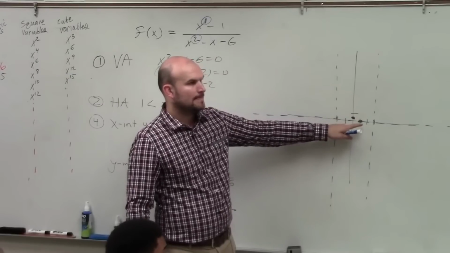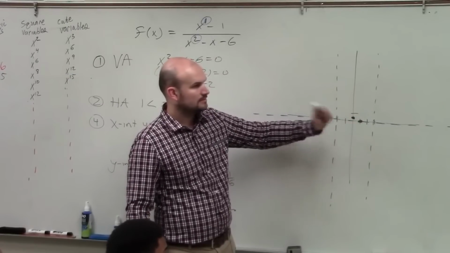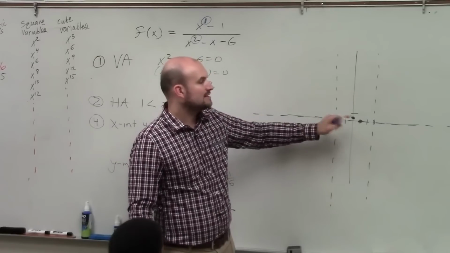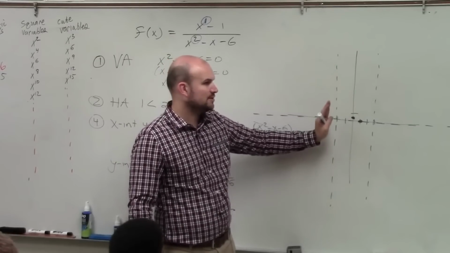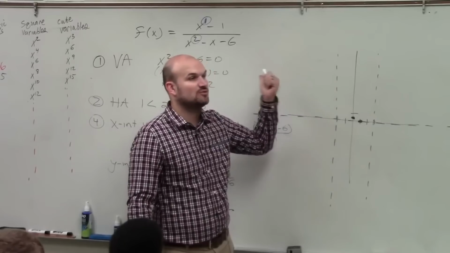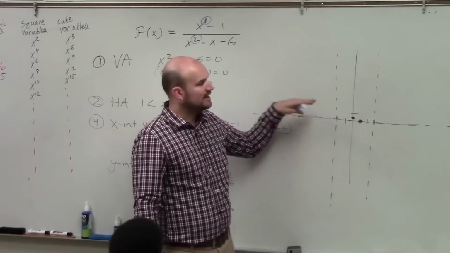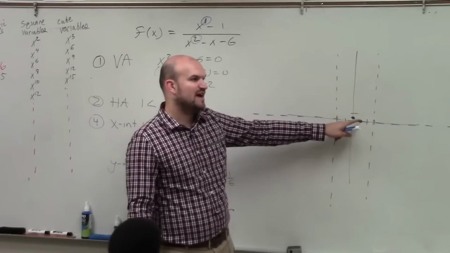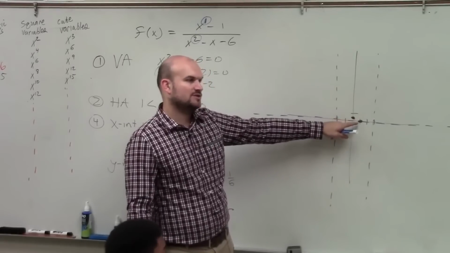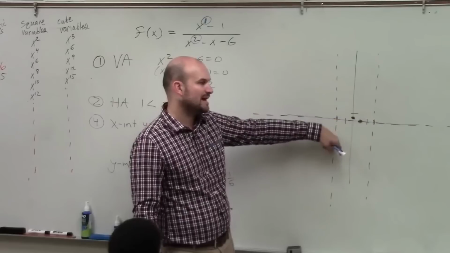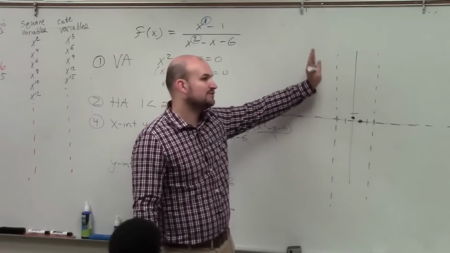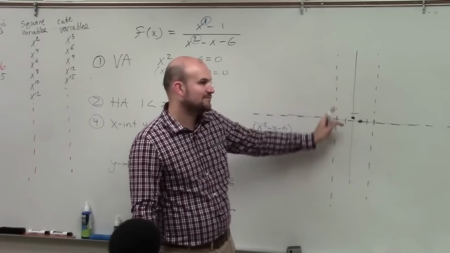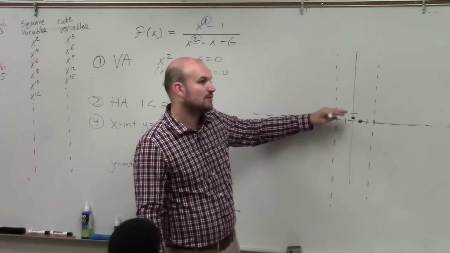You're correct that the vertical asymptotes are never going to be a part of the graph, because these are rational functions. However, a horizontal asymptote, you can actually cross. You can have a value at a horizontal asymptote because a horizontal asymptote is not going to restrict your domain. However, for a function, the vertical asymptotes restrict your domain. So we'll never cross a vertical asymptote, but it is possible to cross that horizontal asymptote.